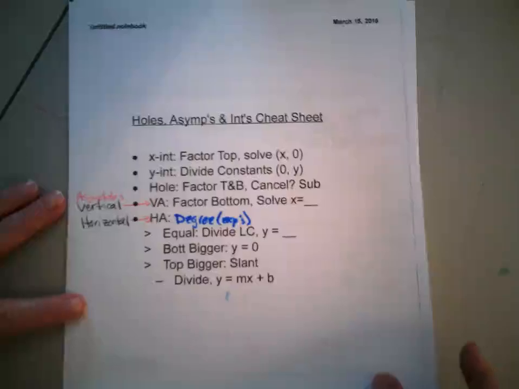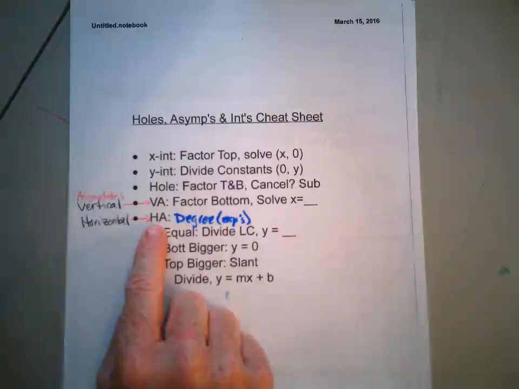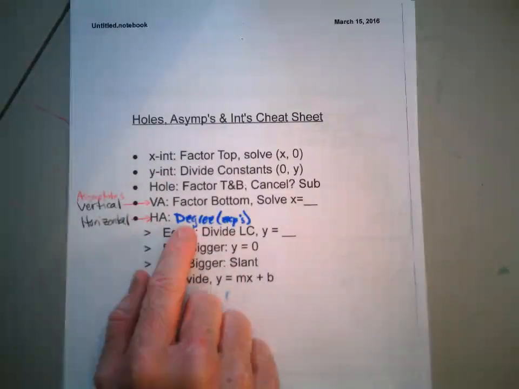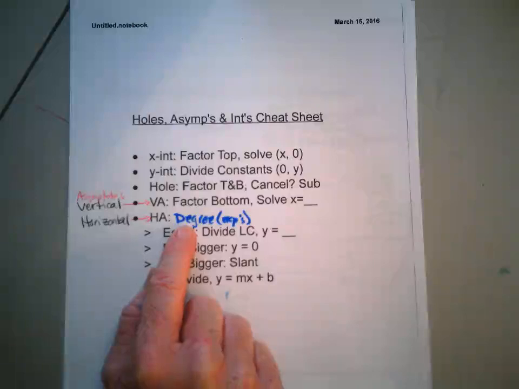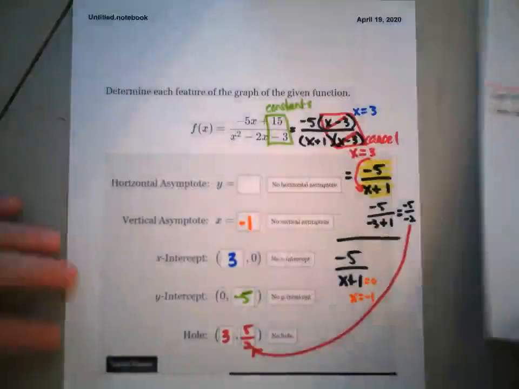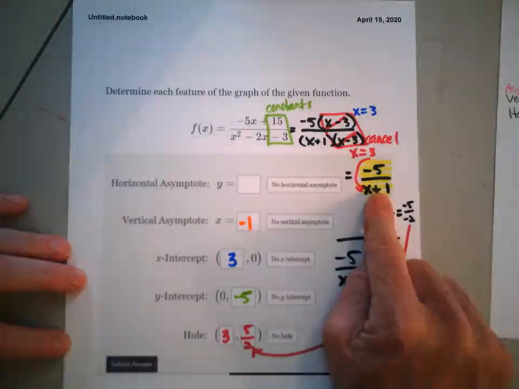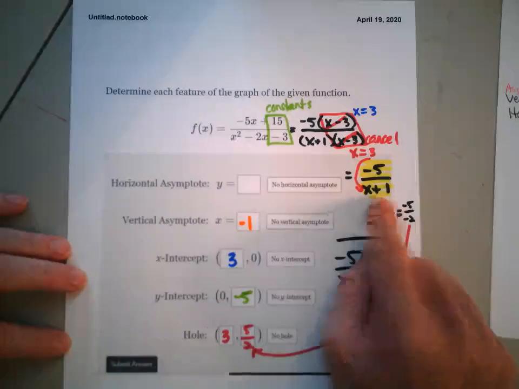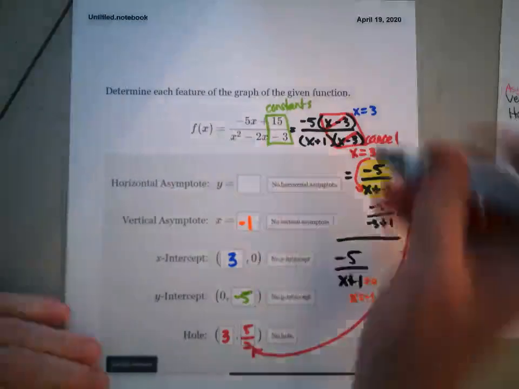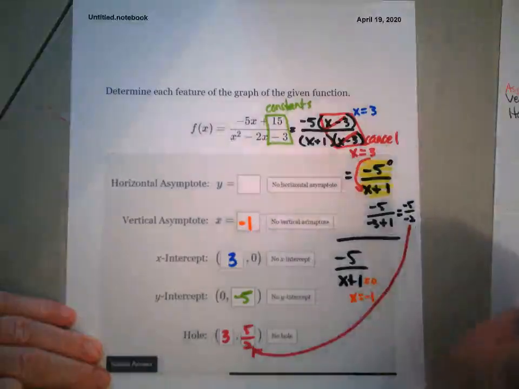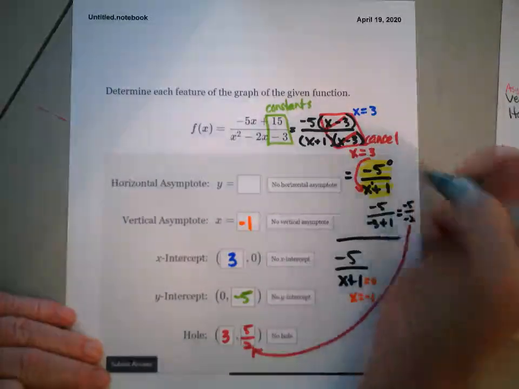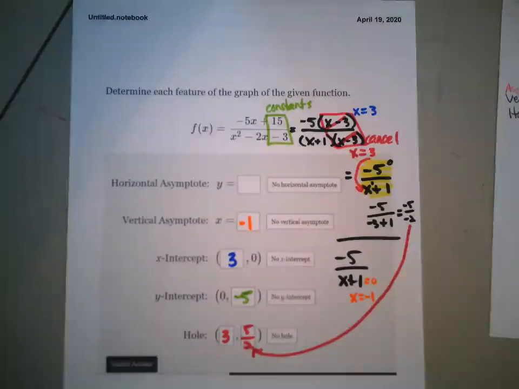And finally, we're on our horizontal asymptote, which we now have to look at the remaining degrees in the problem. So since this is our problem, this is what remains. You have a 0 degree on the top and a 1 degree on the bottom. So we get to compare.